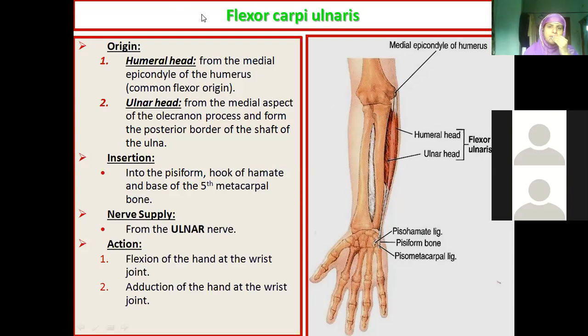Now see here, flexor carpi ulnaris, as the name tells us, is the medial-most muscle. It is inserted into the pisiform. What type of bone is the pisiform? Sesamoid. Very good.